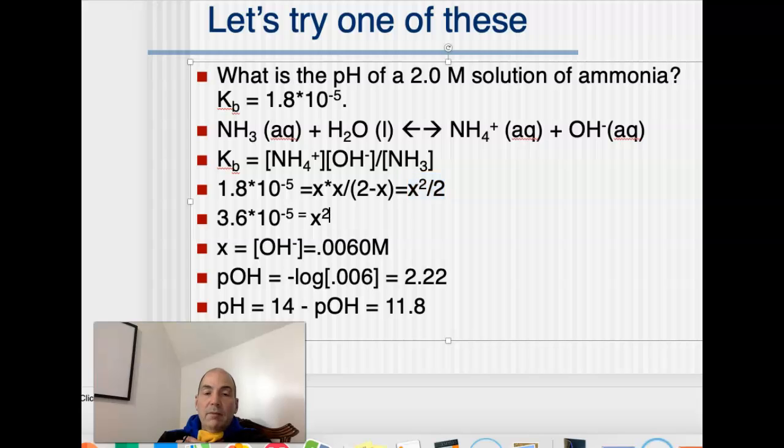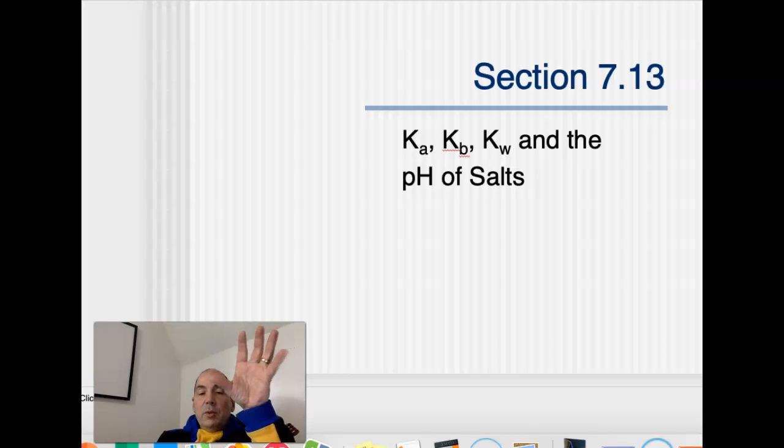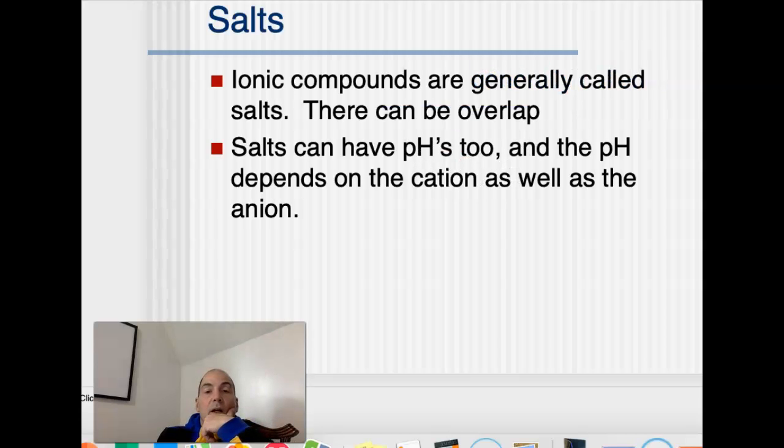Now we're going to roll that right into what was kind of supposed to be covered in the last unit, and I'm still wrapping my head around why they wanted this to be in Unit 7, talking about the pH of salts. Now we're going to do it descriptively and quantitatively, so keep that in mind. When we talk about salts, we are talking about ionic compounds now, okay?